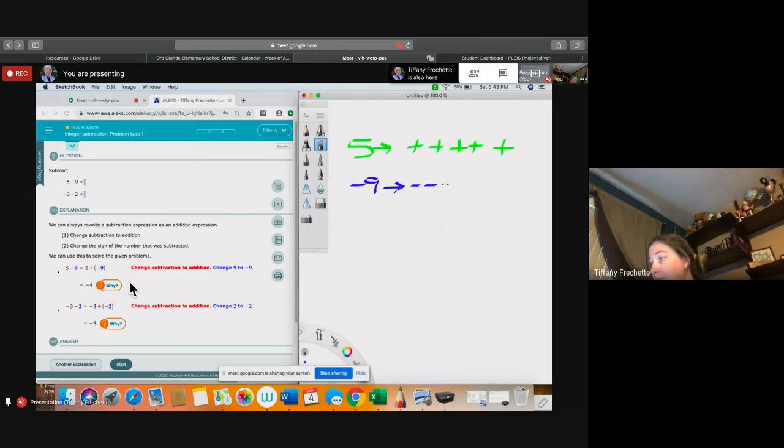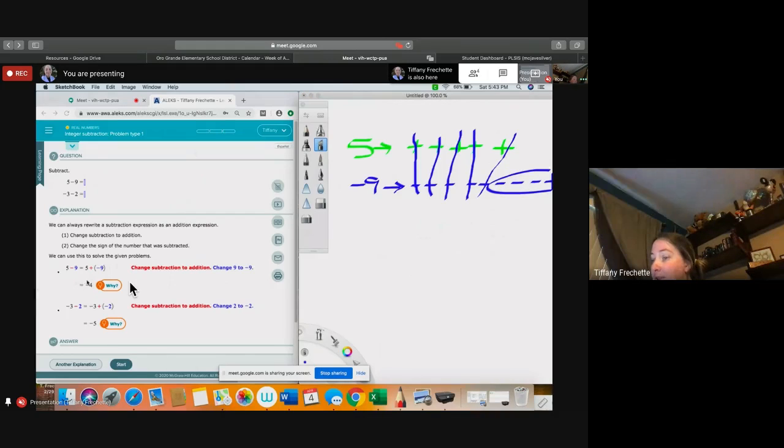So 1, 2, 3, 4, 5, 6, 7, 8, 9. And then you can cross one plus sign off for one negative sign, just like we did on the addition one that we did before this one. So for every plus sign, I can cross off one minus sign. And then I would just look at what do I have left? I have 4 left, and they're all negatives.